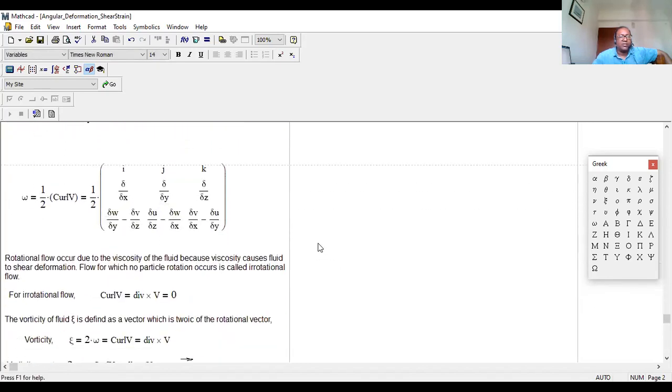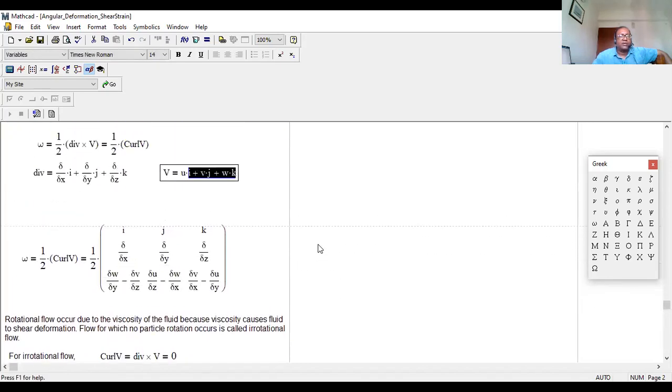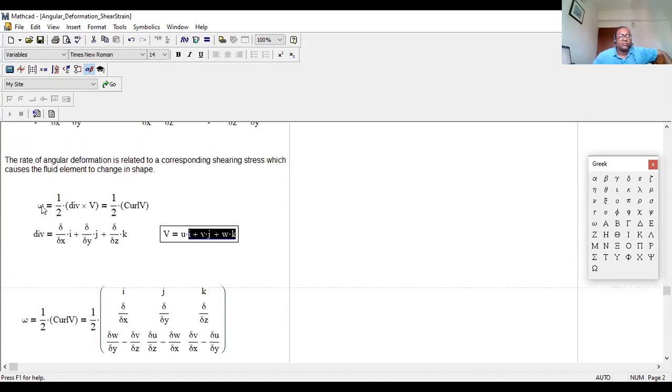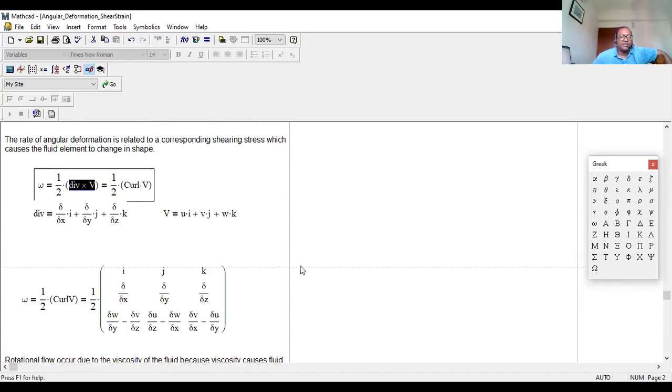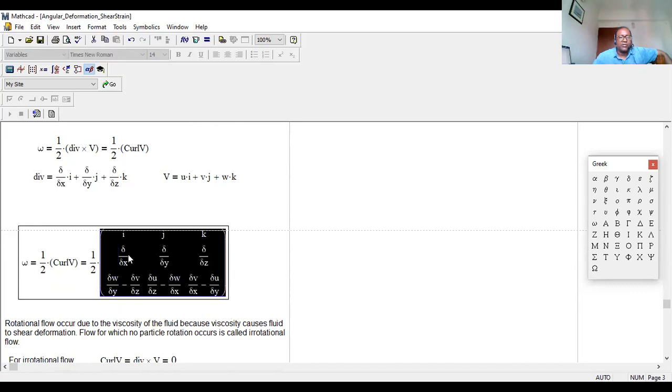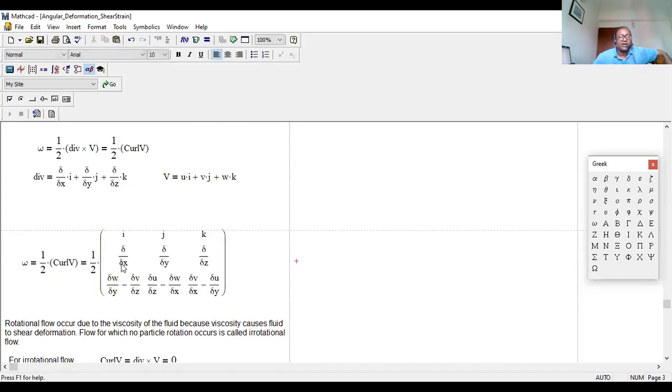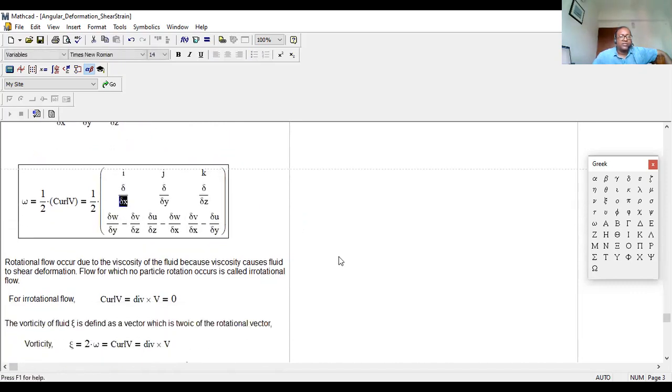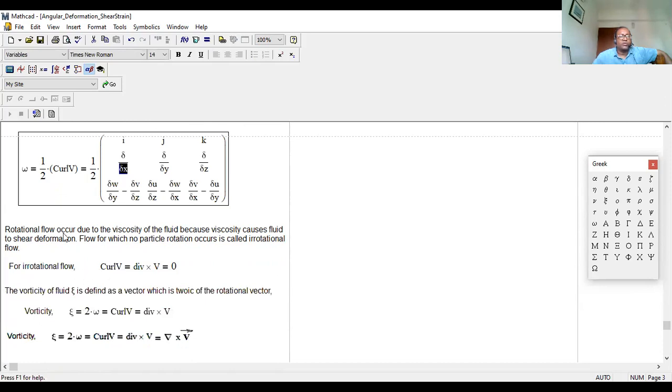If you take the cross product of these two, we get the divergence of V cross product. The cross product of V is called curl. If you have a cross product, you still have a vector. So for rotational flow, what will happen?